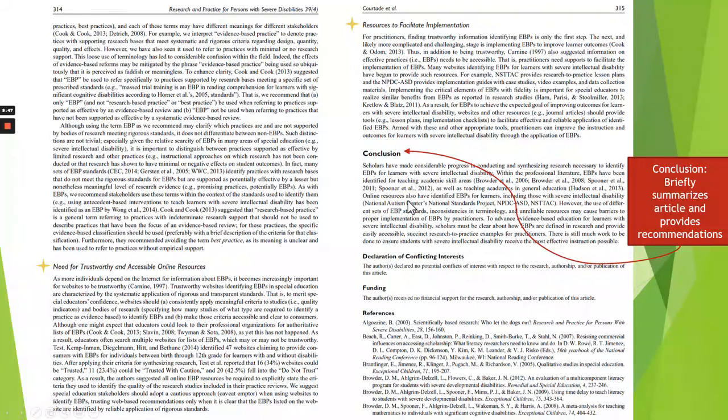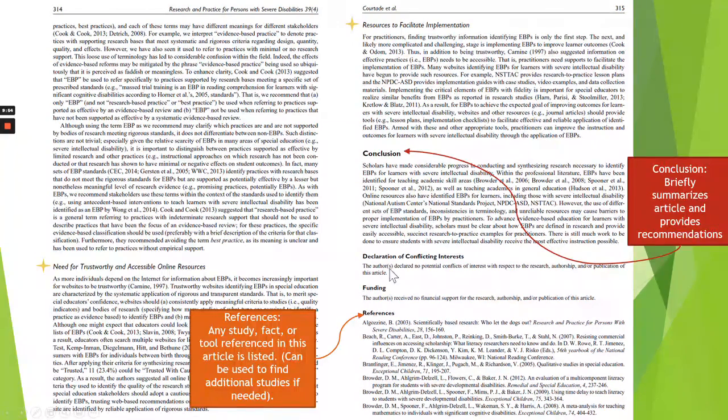The authors then move to the conclusion, which briefly summarizes the article and provides recommendations. And finally, the references are listed. In the references section, any study, fact, or tool referenced in this article is listed, and this can be used to find additional studies if needed.